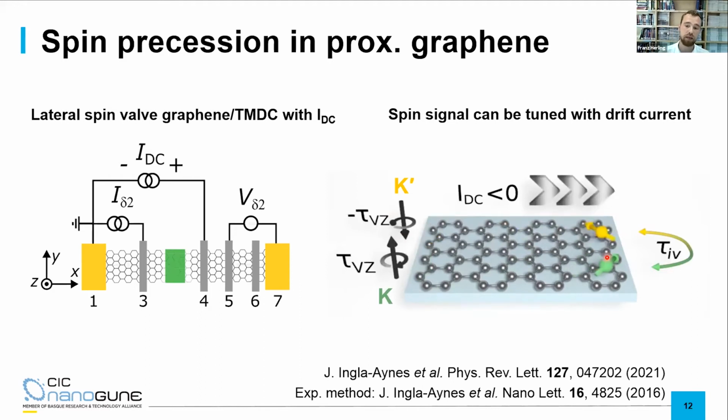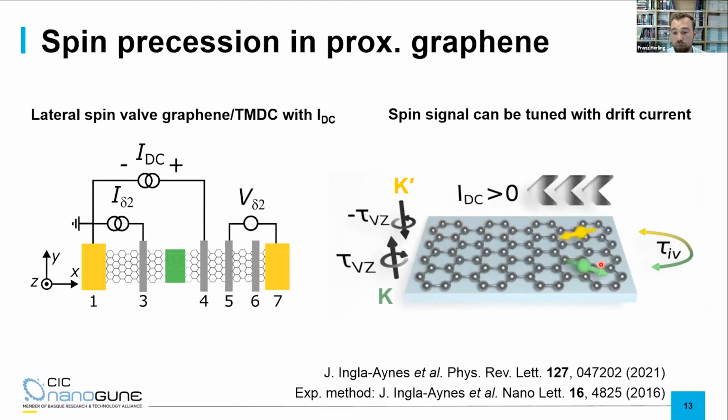If we apply now negative current, we essentially accelerate the spins while they're diffusing through the channel. So they will have less time to precess. So we will measure essentially a positive normal lateral spin valve signal that is probably well known. And if we apply a positive DC current, what we essentially do is we decelerate, we slow down the spins. They have more time to precess while they travel through the channel.